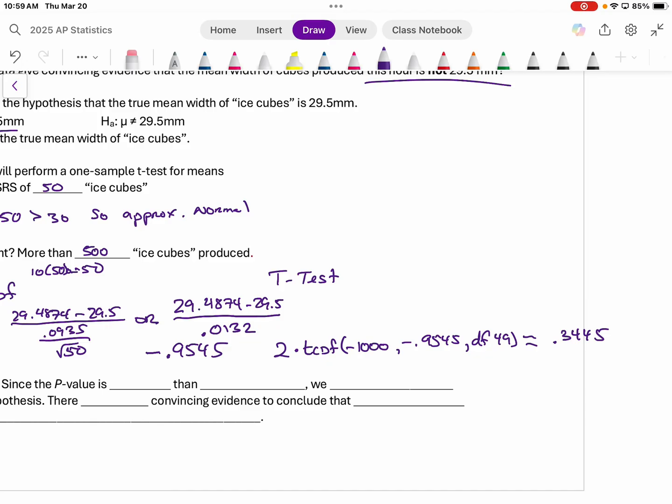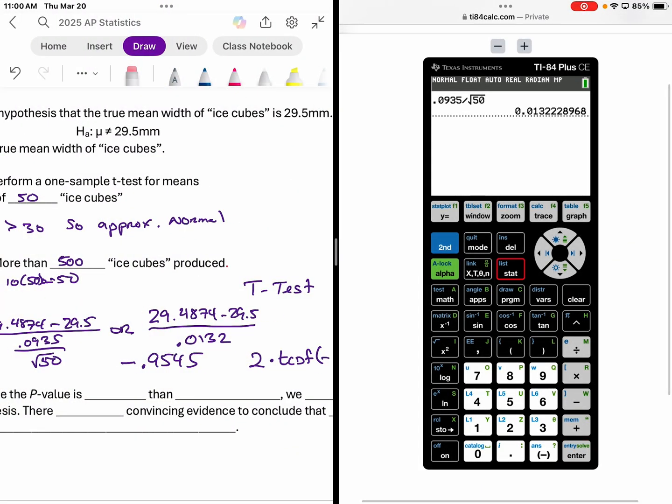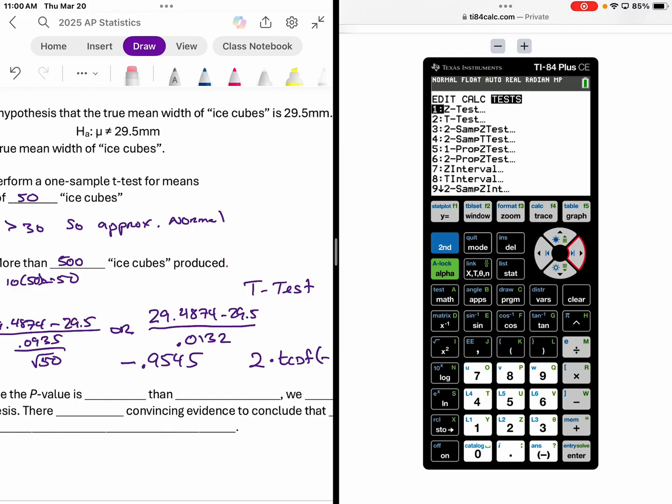If I don't choose to do a tcdf, then I can use the t-test, and I have to use stats. Which means I have to put in my x bar, my n. T-test, choose stats.